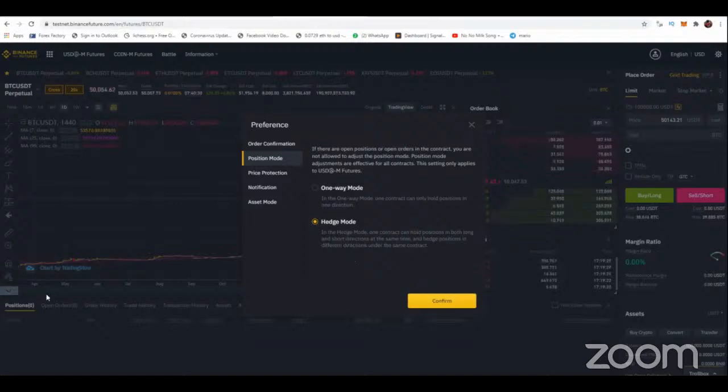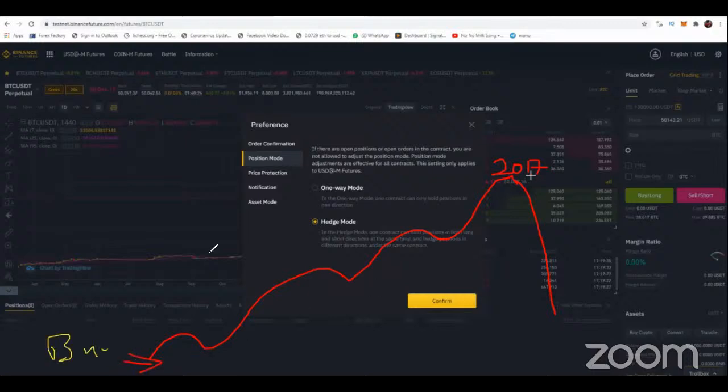So, for instance, let's say the price of Bitcoin has been going up and up, and then in December 2017 we had the highest before it eventually came down to this level. In 2017, if your market analysis showed that price is going to be coming down before it continues going up, and you have a buy position, let's say around here, you bought for a very long time, and then around here you feel that there will be lots of sell activity in the market to force price down.